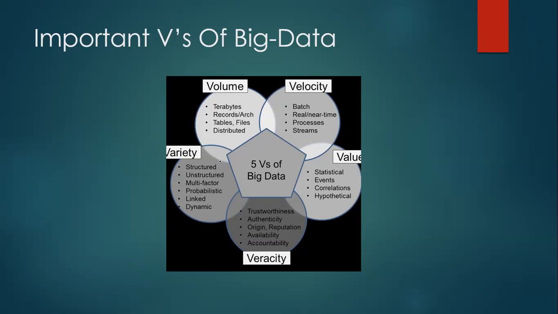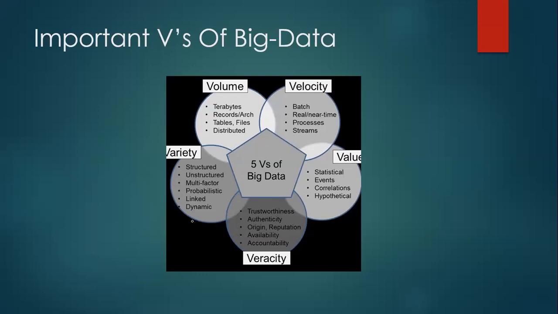Now we have variety. We have seen that the data generated under the term big data may have different formats. Variety refers to the heterogeneous sources and nature of data, both structured and unstructured.